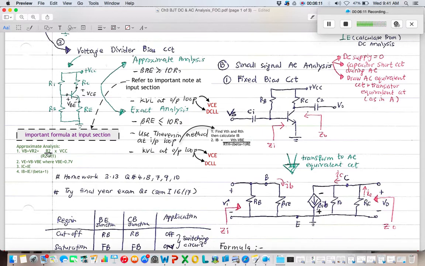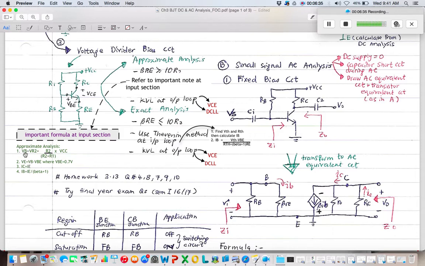Okay, however, during analysis, during calculation, you cannot put 0 volt here. You need to minus 0.7 volts. So VBE is 0.7 volts. So VE is equal to VB minus VBE.